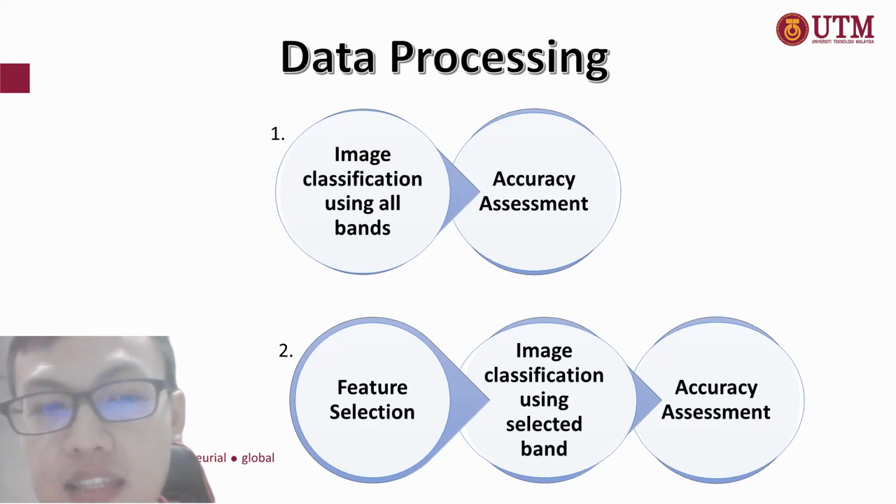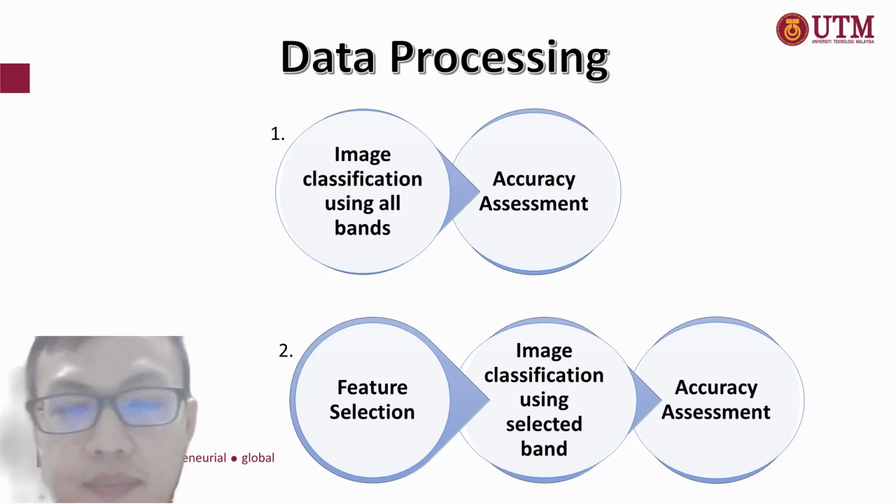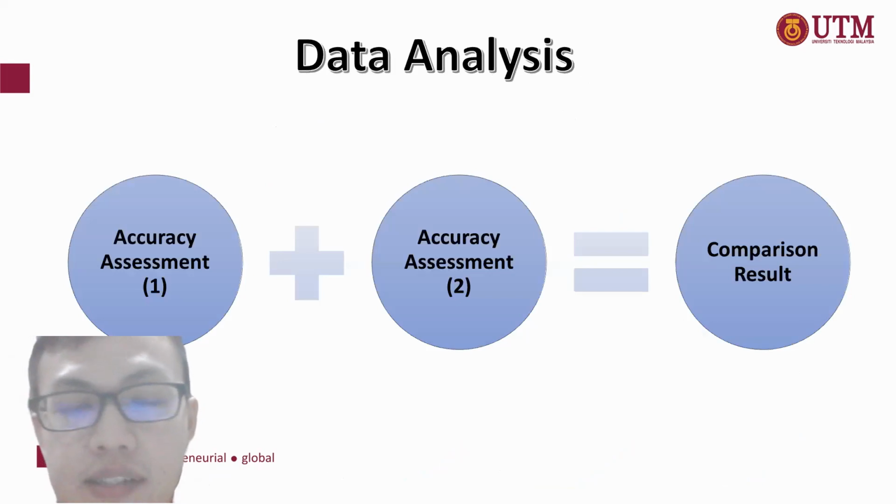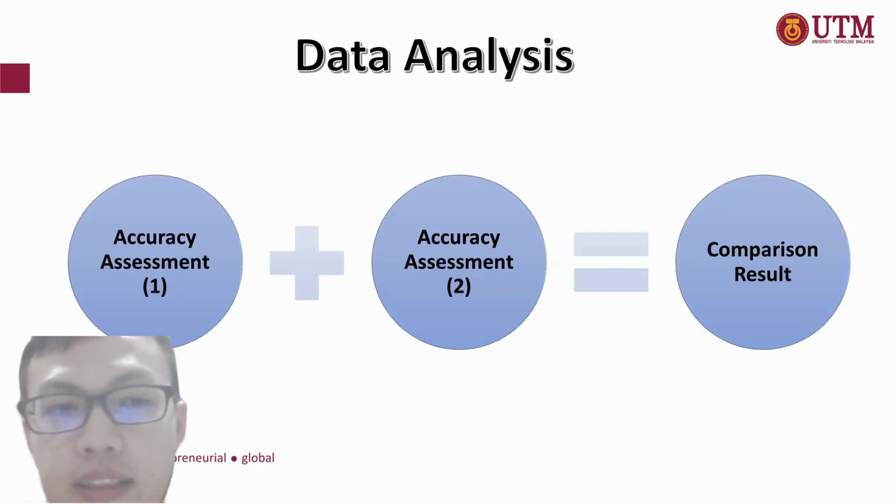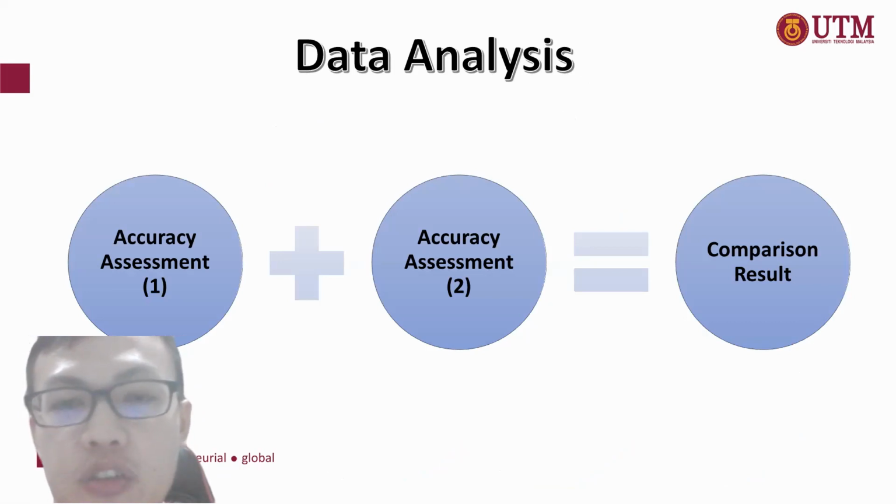So the accuracy assessment will have different results from the different classification algorithms. Next, in the data analysis, I will use the accuracy assessment in phase 1 and also the accuracy assessment in phase 2 to do the comparison, to see which is suitable or which is the best classification result shown in the mapping.